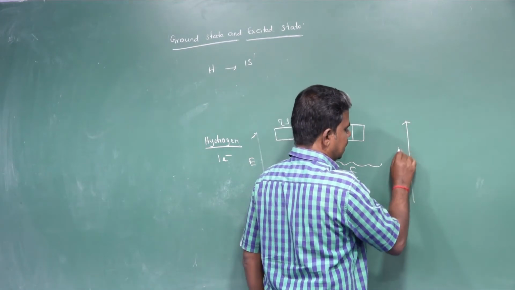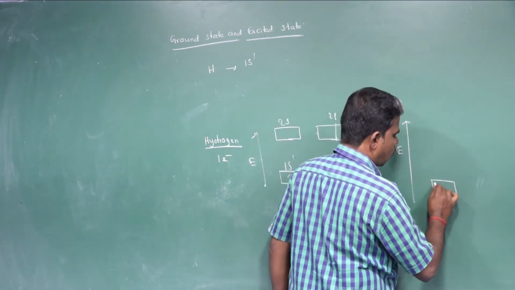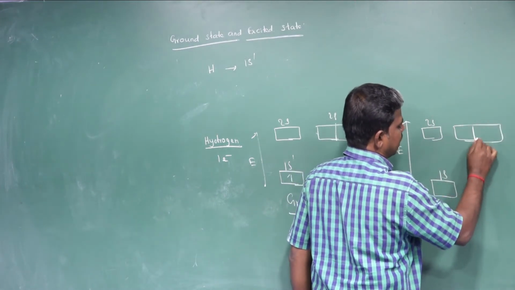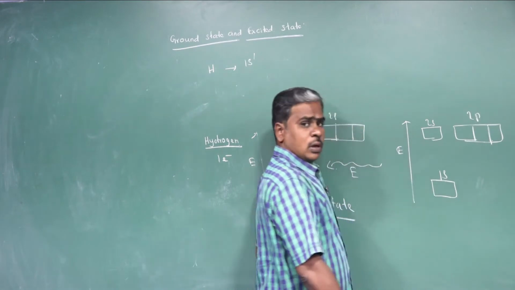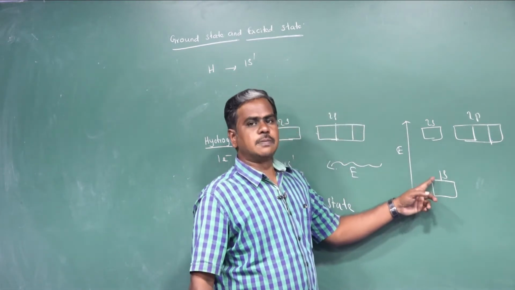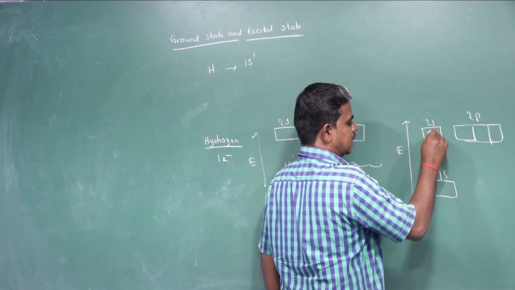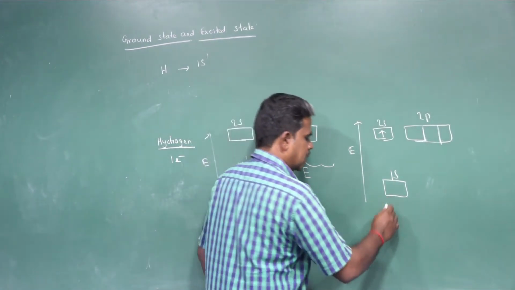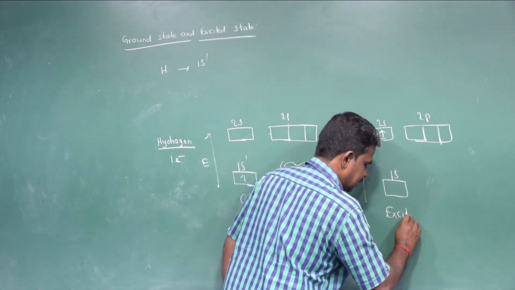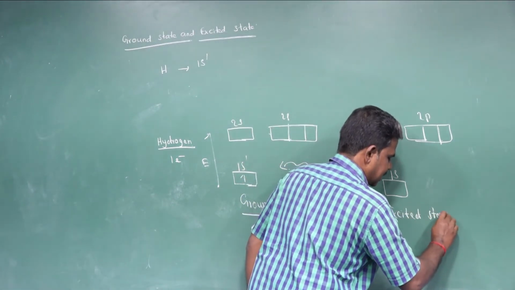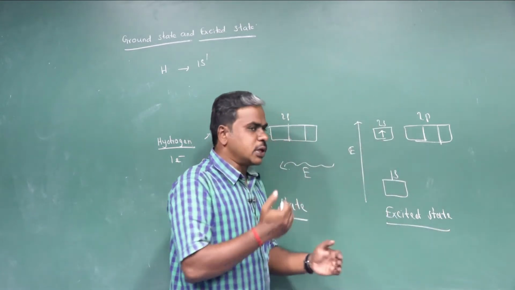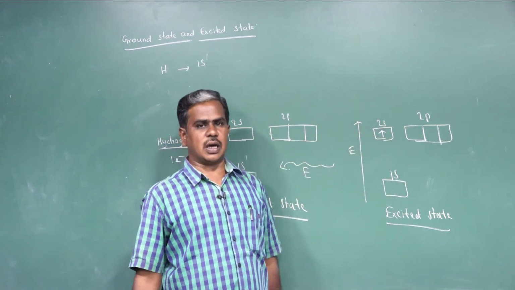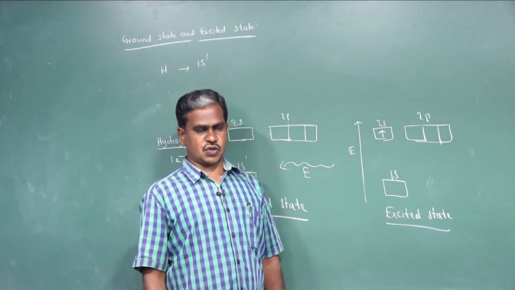Here we are taking the energy levels: 1s orbital, 2s and 2p. When the 1s orbital electron absorbs energy and gets excited, it will occupy the 2s orbital, which is known as the excited state. After absorbing energy, the electron present in the higher energy orbital is known as the excited state.